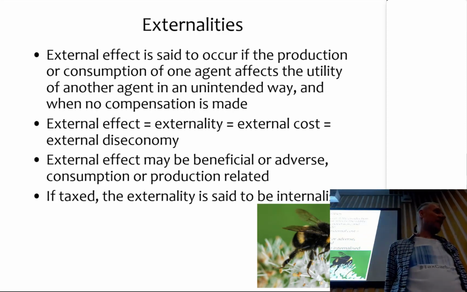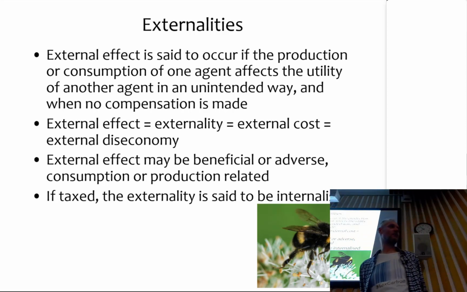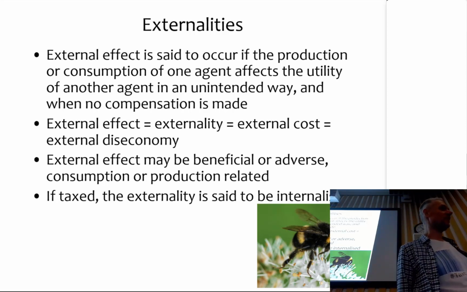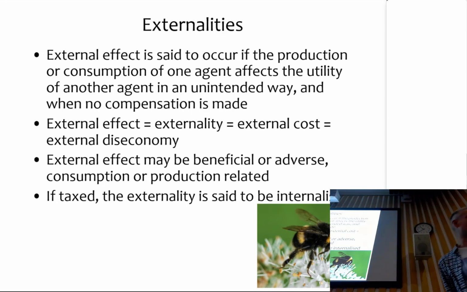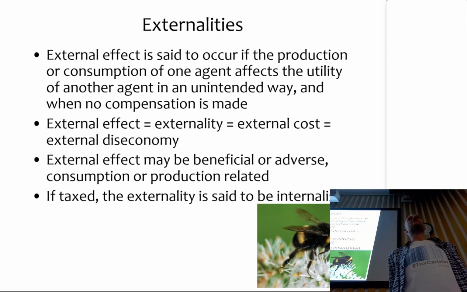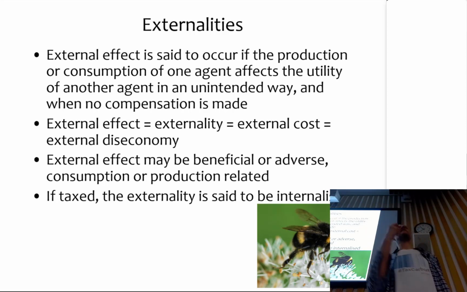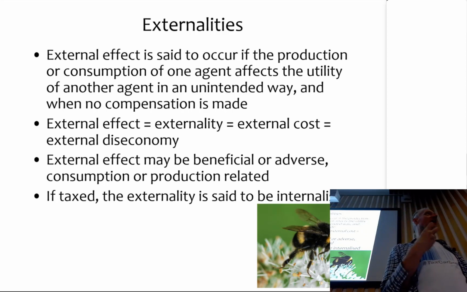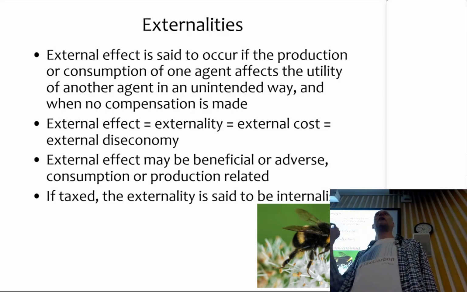An externality or an external effect is said to occur if the production or the consumption of one agent affects the utility of another agent in an unintended way and when no compensation is made. So an externality has three aspects, right? One, it is unintended. Two, it is uncompensated. And three, it affects a third party.